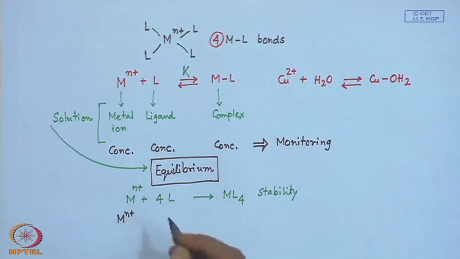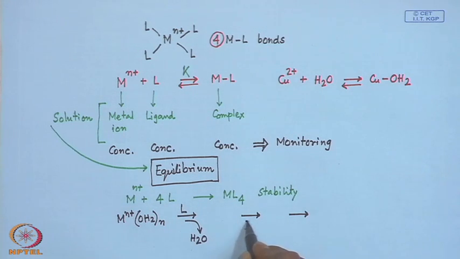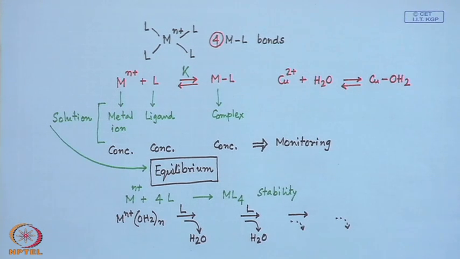Because Mn+ was there, and we can have a large number of bound water molecules. At different intermediate stages, we remove a water molecule as we react with 1 L, remove the second water molecule as we add the second ligand, and similarly the third and the fourth.